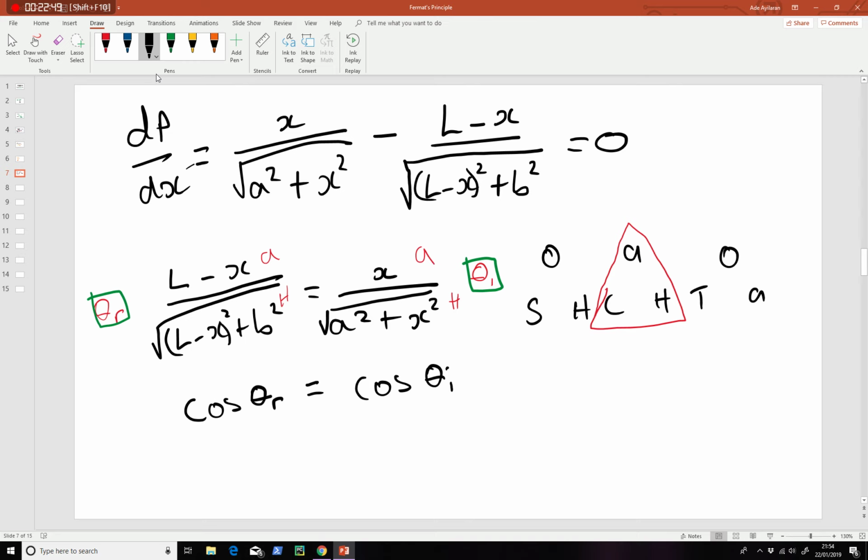Now, because cos of angle r equals cos of angle i, this is basically saying that the angle of refraction equals the angle of incidence, which is the law of reflection.